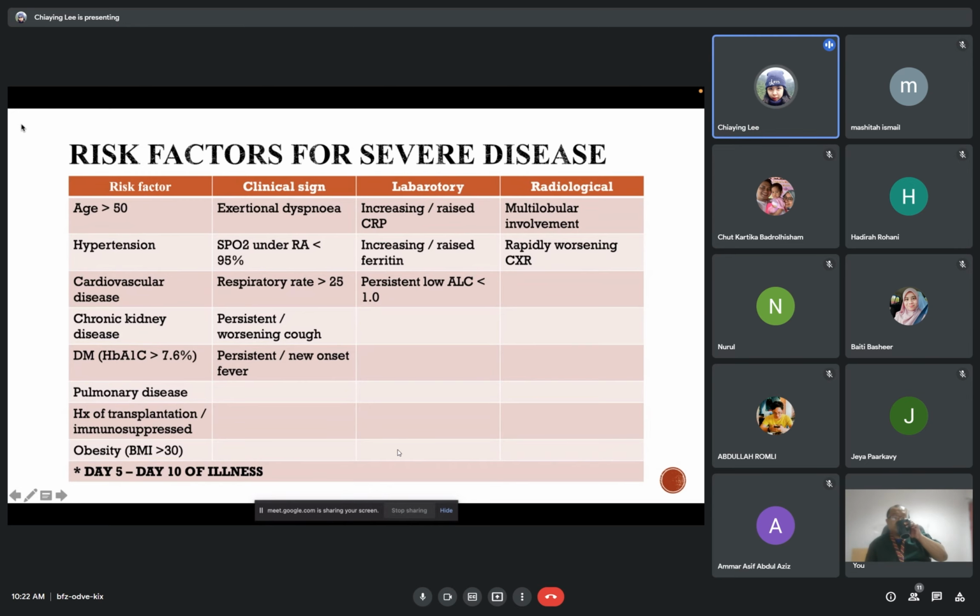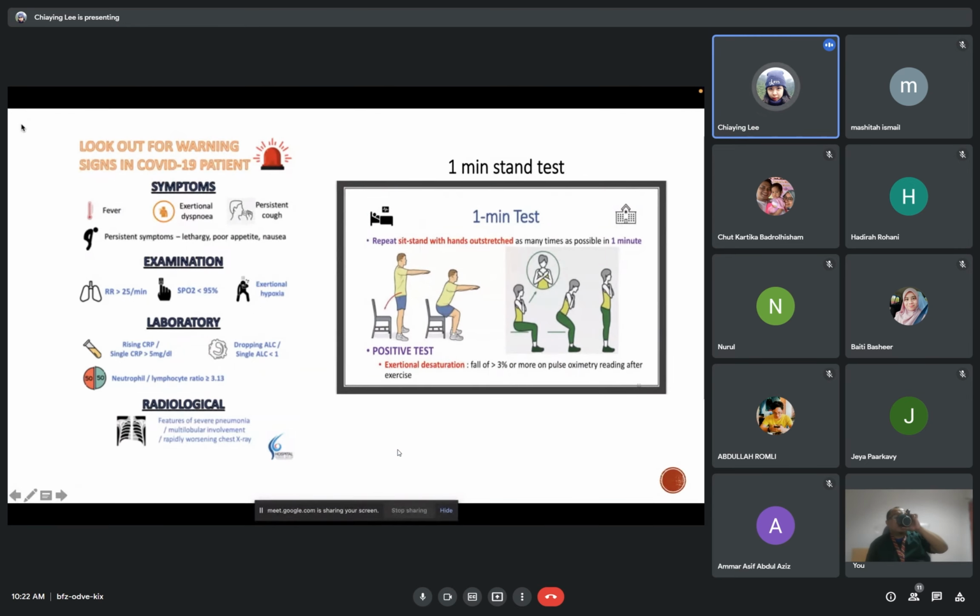Okay. So, warning signs in COVID-19, I've explained just now. I just want to highlight there's a test that last time we used to carry out in our COVID bay and now the ED bay, the 1 minute stand test. It's basically a test used to detect whether the patient is having exertional desaturation. So we ask the patient to repeatedly sit and stand with hands outstretched as many times as possible in 1 minute.